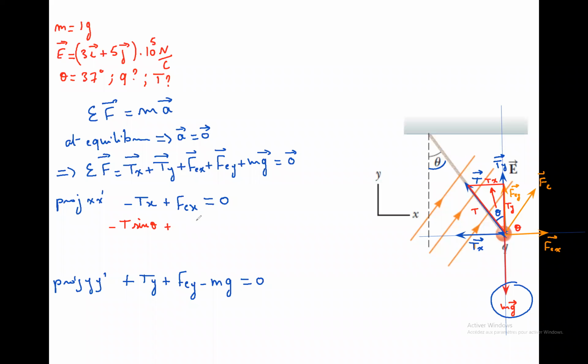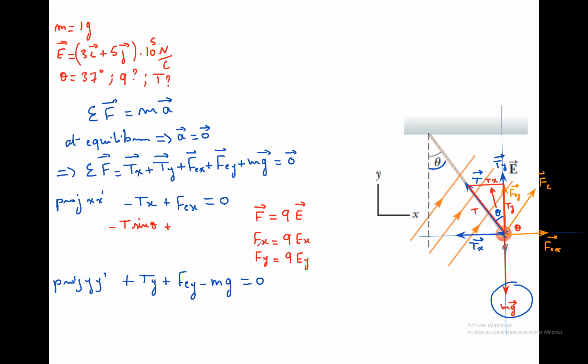To calculate Fex, you know that F, we can say here F equal q times E. So Fx equal q Ex and Fy equal q Ey, because F and E also have the same direction.